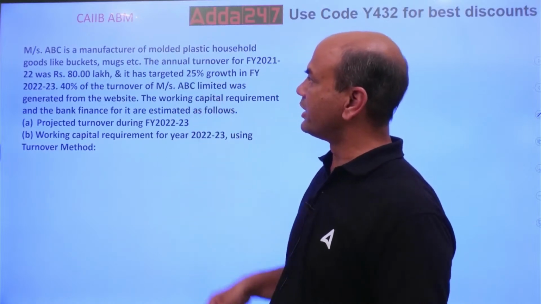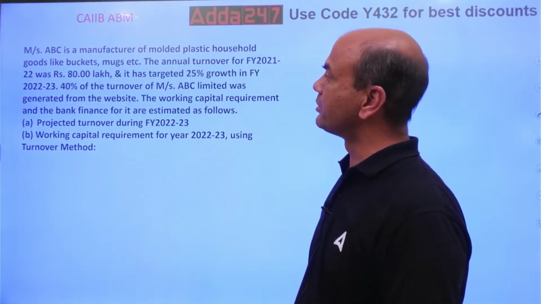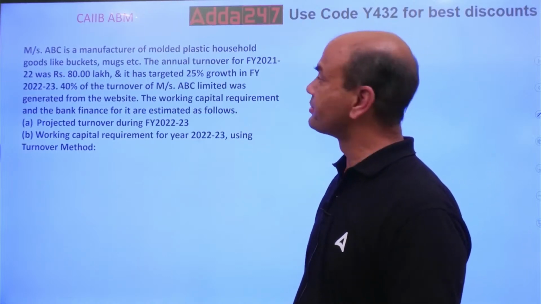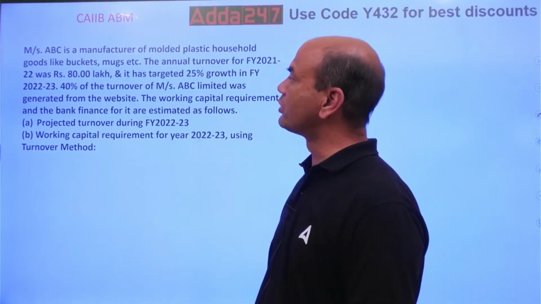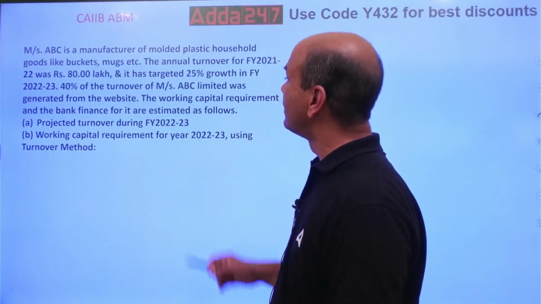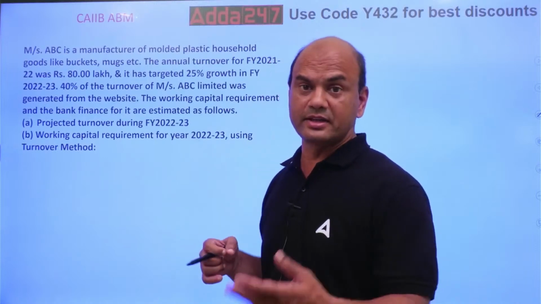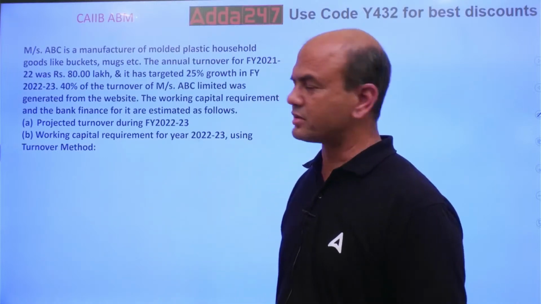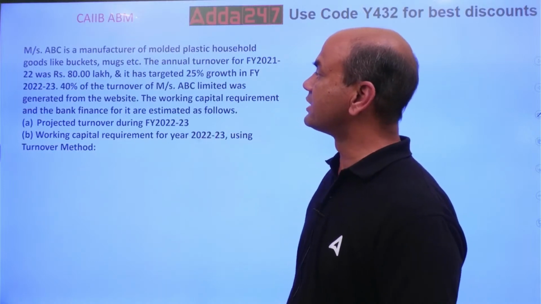Here, I'll read it. ABC is the manufacturer of molded plastic household goods like buckets, mugs, etc. The annual turnover for FY 2021-22 was 80 lakhs, and it has targeted 25% growth in FY 22-23. So next year it has targeted 25% growth. 40% of the turnover of ABC is generated from the website.